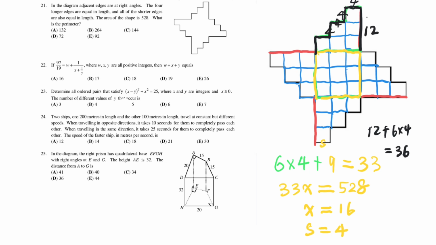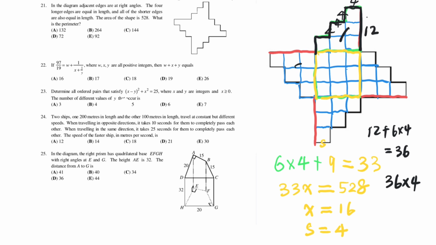Altogether 36. I have 1, 2, 3, 4 of these irregular shapes, so we use 36 times 4.